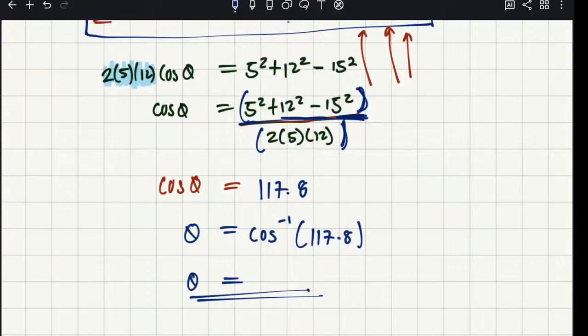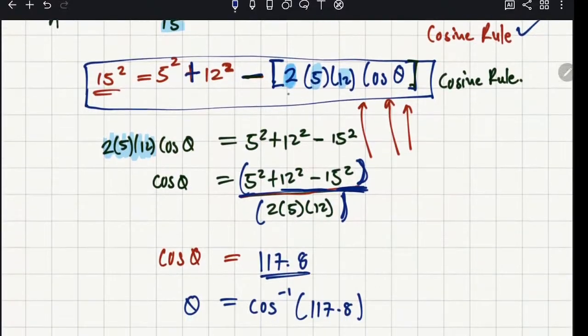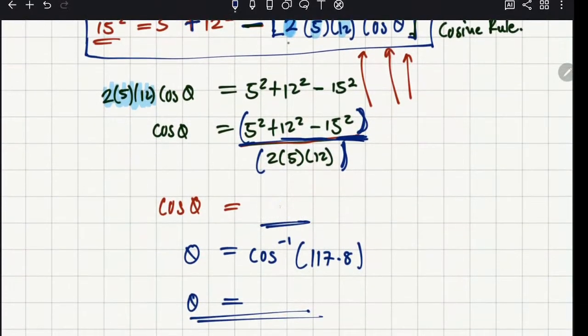So something is wrong. What are you getting? You got negative 0.4.